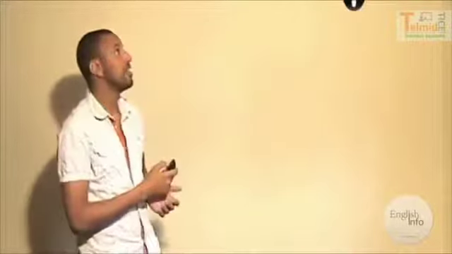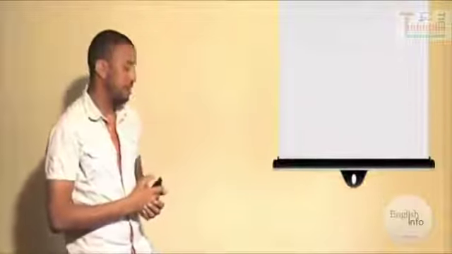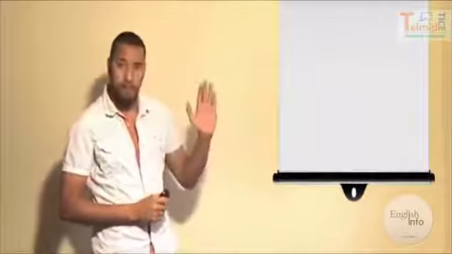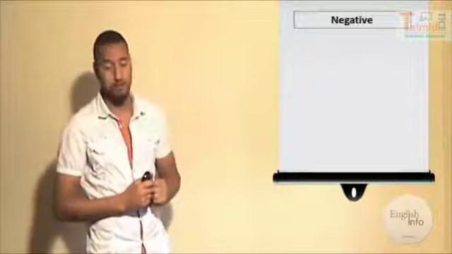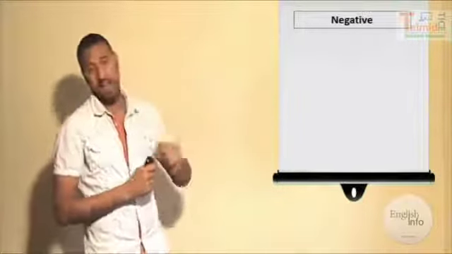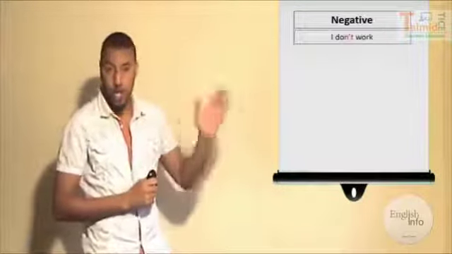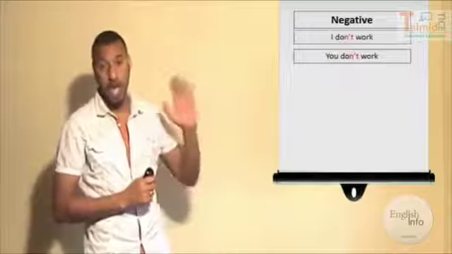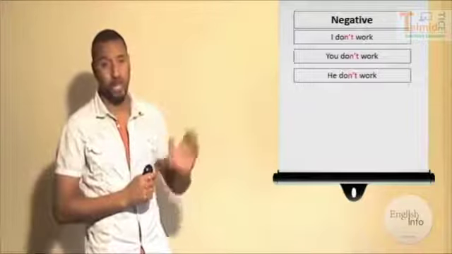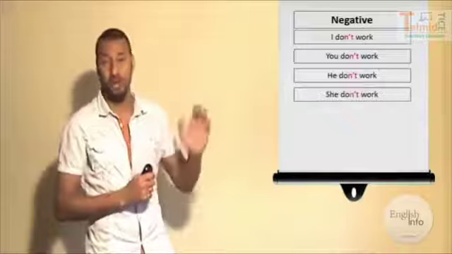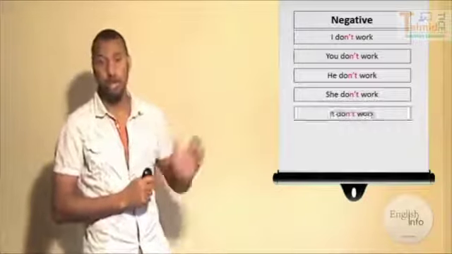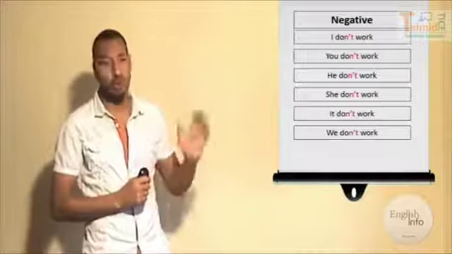Now let's move on to the negative form of the verb work in the simple present tense. The negative form. I don't work. You don't work. He don't work. She don't work. It don't work. We don't work.